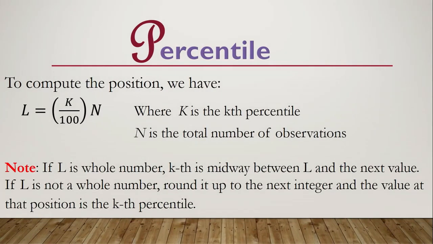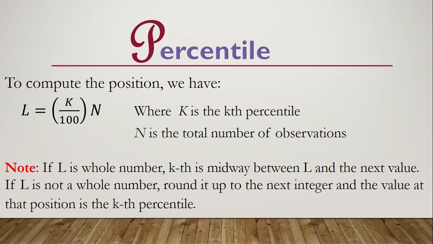Now, to compute for the position, we have L equals K over 100 times N, where K is the kth percentile and N is the total number of observations. L here is just the position, and once we have found the position, we will identify the value. But we have to take note, class, that we have a rule in using this formula.